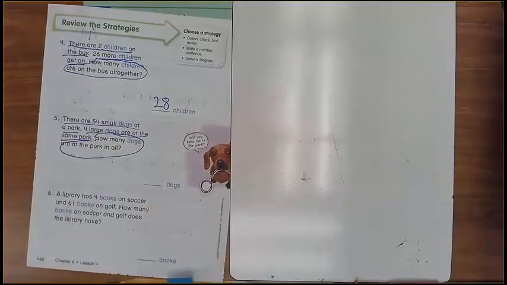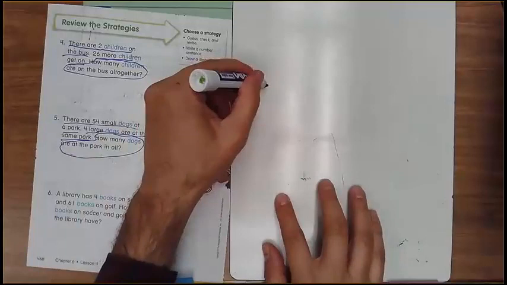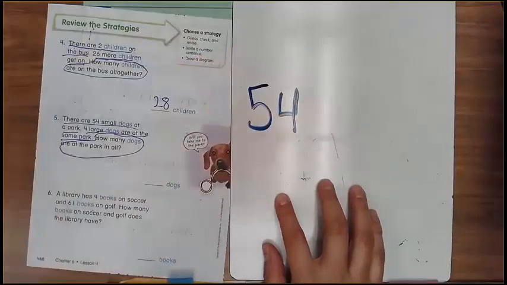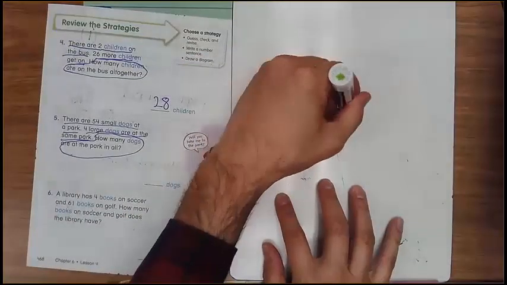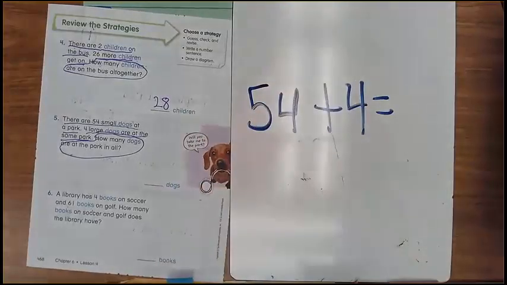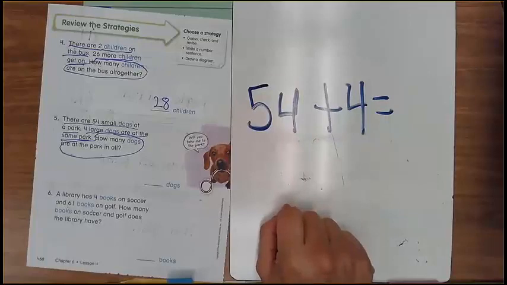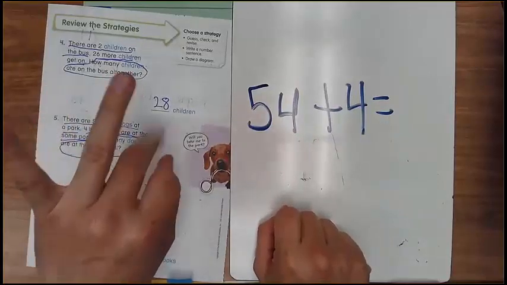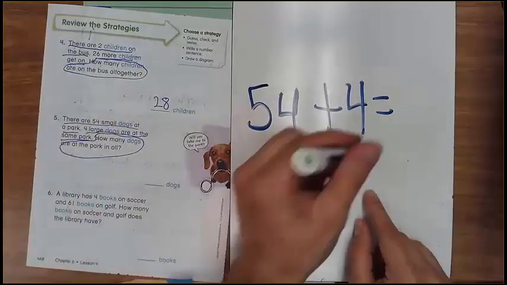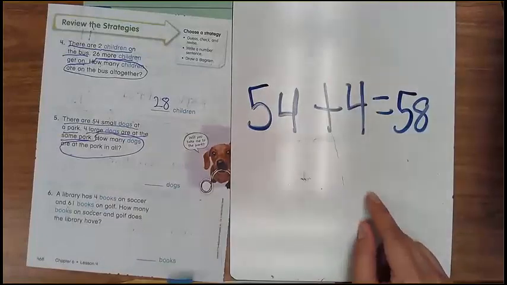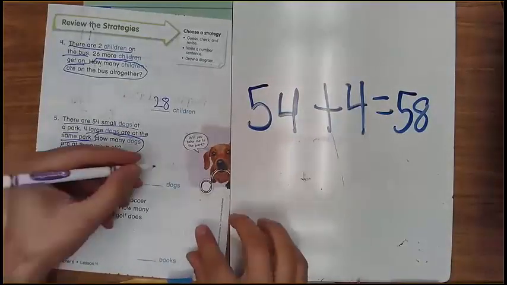Okay, so we know that there's 54 small dogs, and then plus 4 large dogs. So let's count on. Ready? 54, 55, 56, 57, 58. So there's 58 dogs in all.